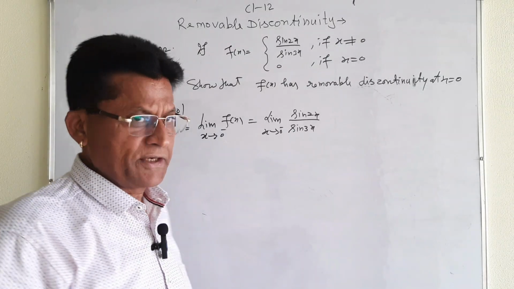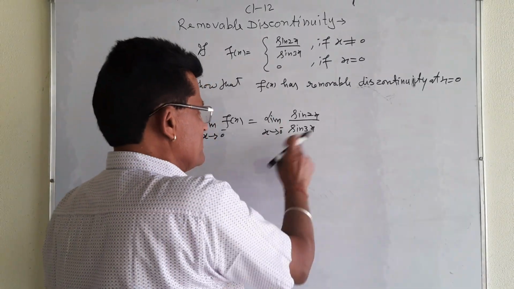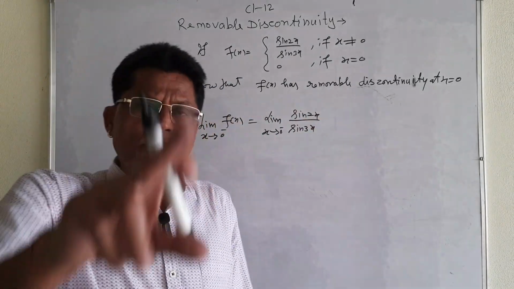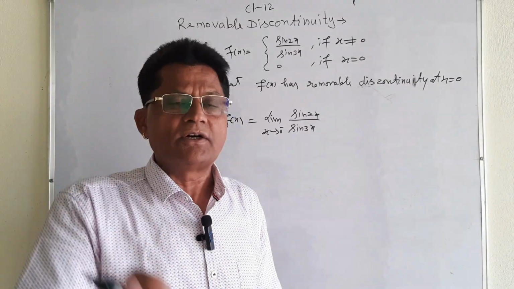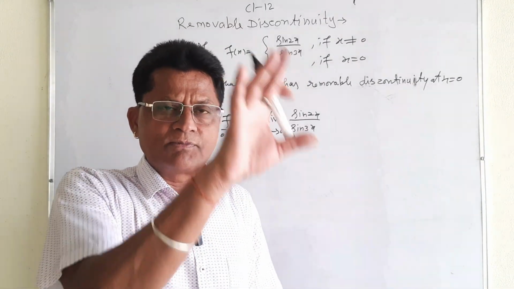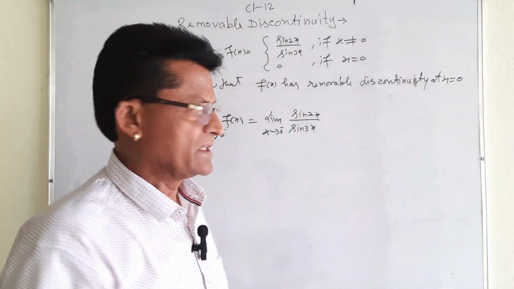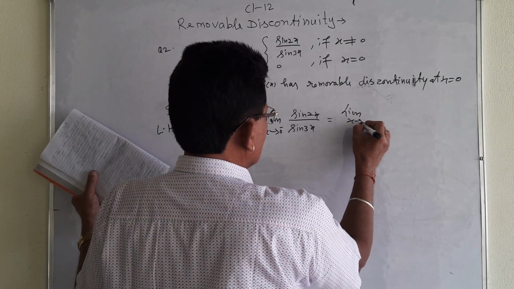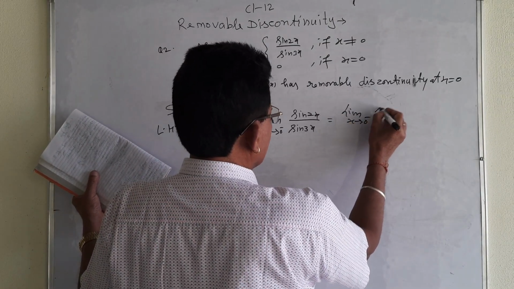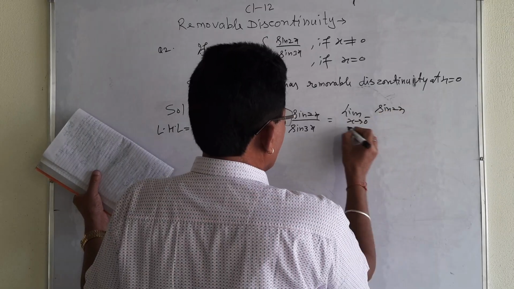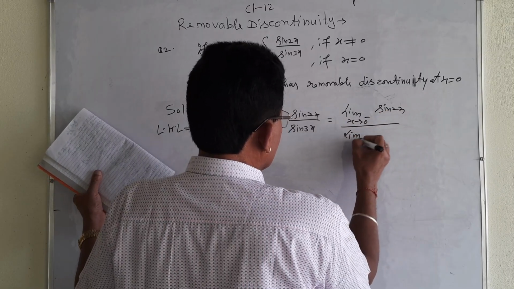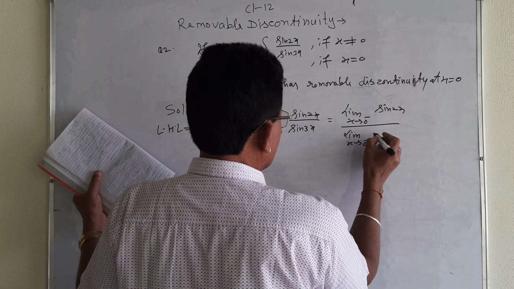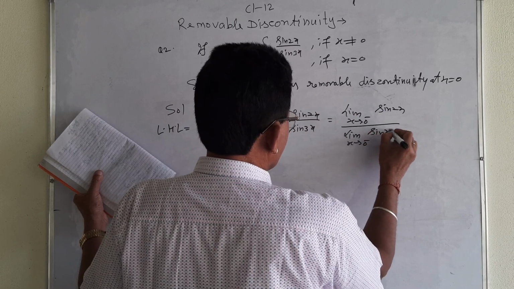Most important question, try to understand. Limit of the quotient form of the function: whenever a function is divided by a function, the limit of the function divided by the limit of the second function. That is the rule of the limit. Limit x tends to 0 of sin 2x upon limit x tends to 0 of sin 3x.